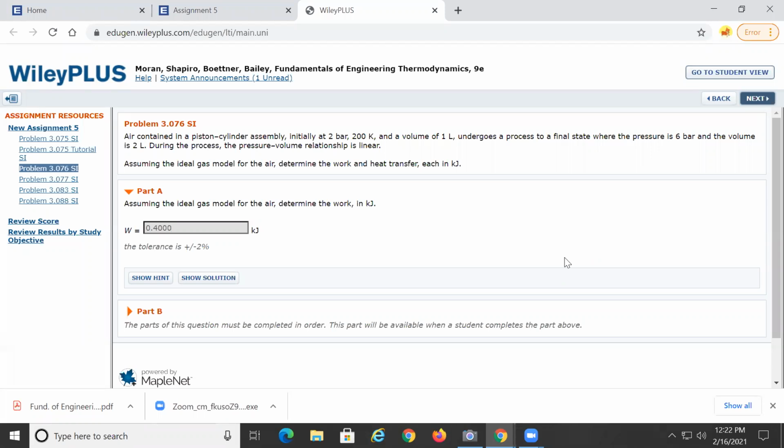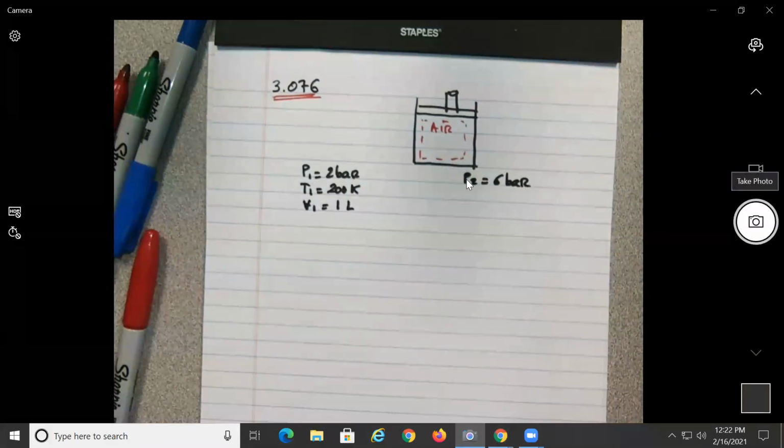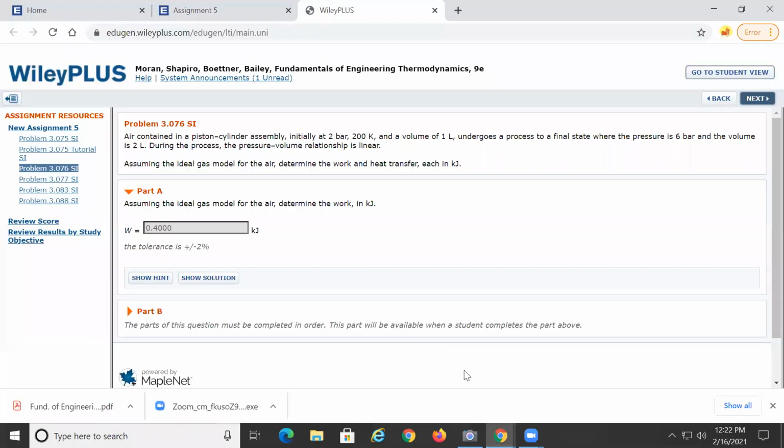So to the right hand side of it, I will put P2 equals 6 bars. And the volume is 2 liters, so V2 equals 2 liters.